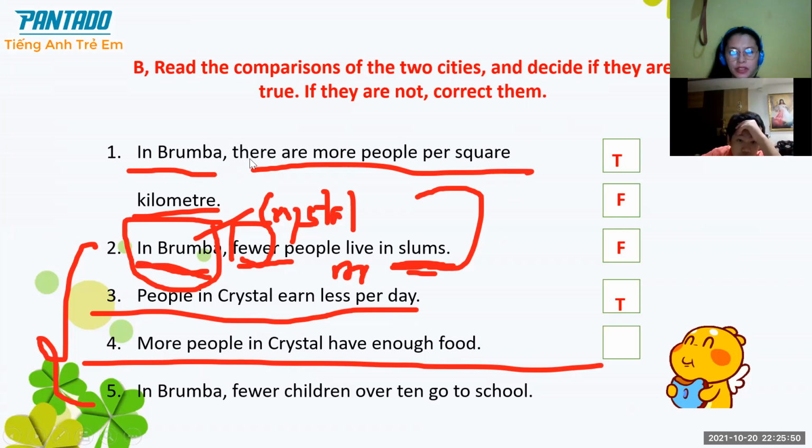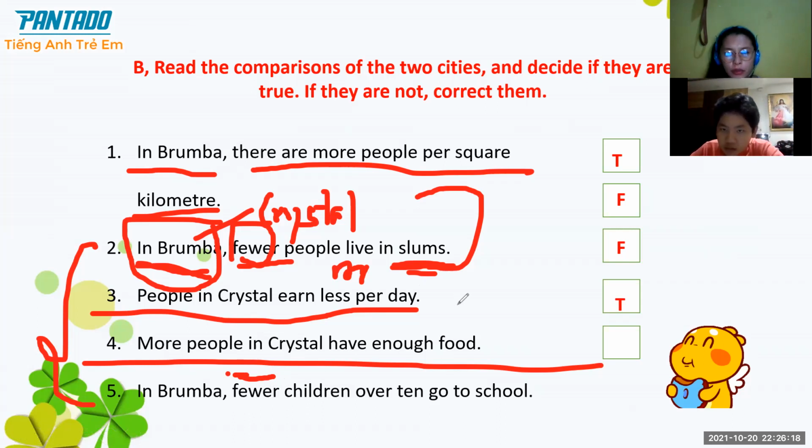How about the last one, number 5? In Brumba, fewer children over 10 go to school. Fewer means less. In Brumba, is it fewer people or fewer children over 10 who go to school?